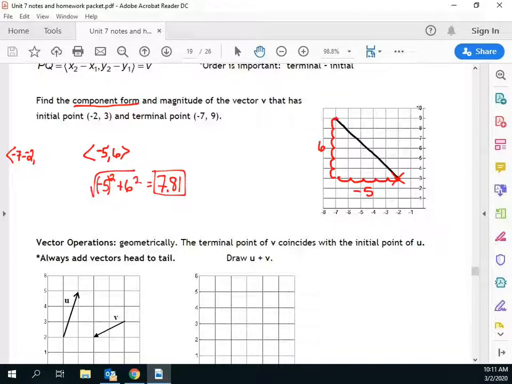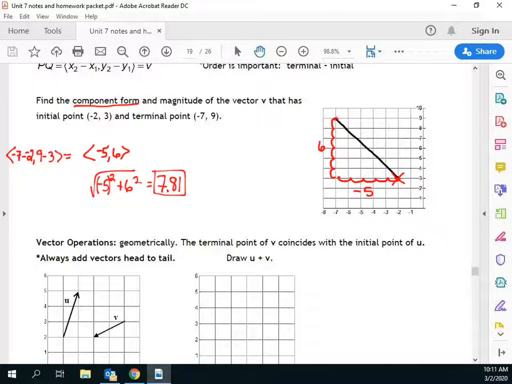And then what's the distance from 3 to 9? How did you come up with that? So basically it ends up being x2 minus x1, comma, y2 minus y1.